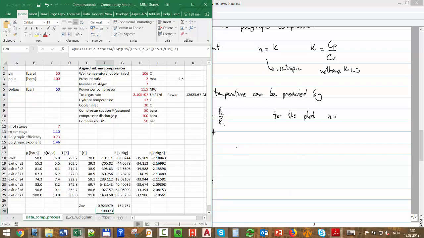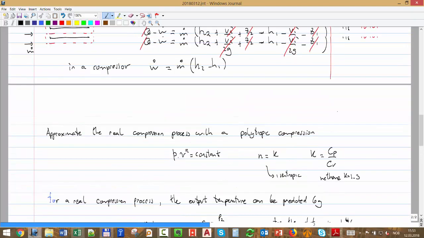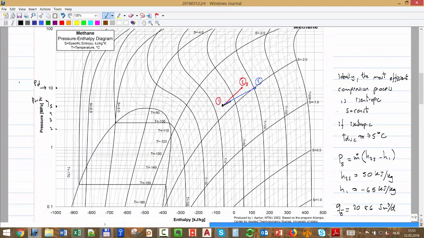Okay, it's 1.46. And that exponent in a real compression process, I can relate it to some sort of polytropic efficiency of the machine. It's not enough that I say 1.46, I have to relate that to give me an indication of how efficient the machine is, how efficient it is to compress from 1 to 2.